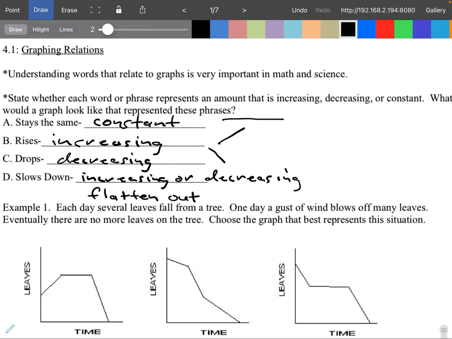But basically, it's flattening out. The graph is going to flatten out. So it doesn't necessarily become constant where it's completely flat. But if it was increasing and slowing down, it would start going like that. And if it was decreasing, slowing down, it would go like that. That make sense?